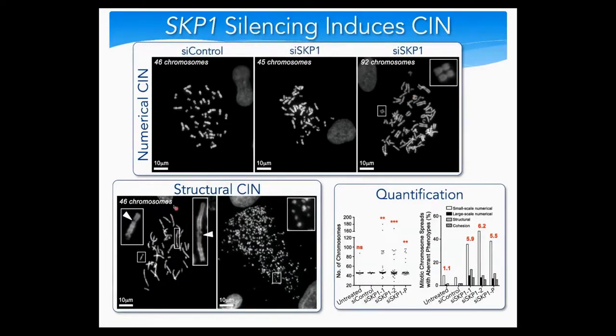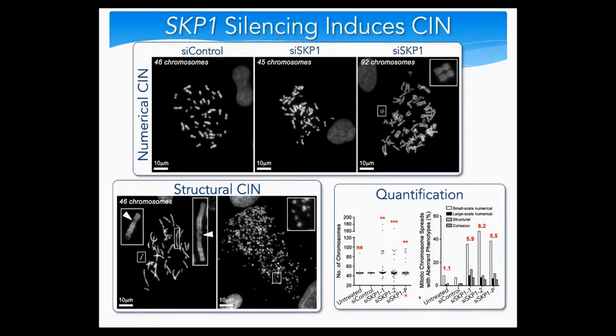She also went on to look at structural CIN, or evidence of structural CIN, and shown here in this spread, you can see evidence from those arrowheads of DNA double-strand breaks within each of those sister chromatids. She also saw evidence for chromosome shattering, which is believed to be a mechanism giving rise to chromothripsis.